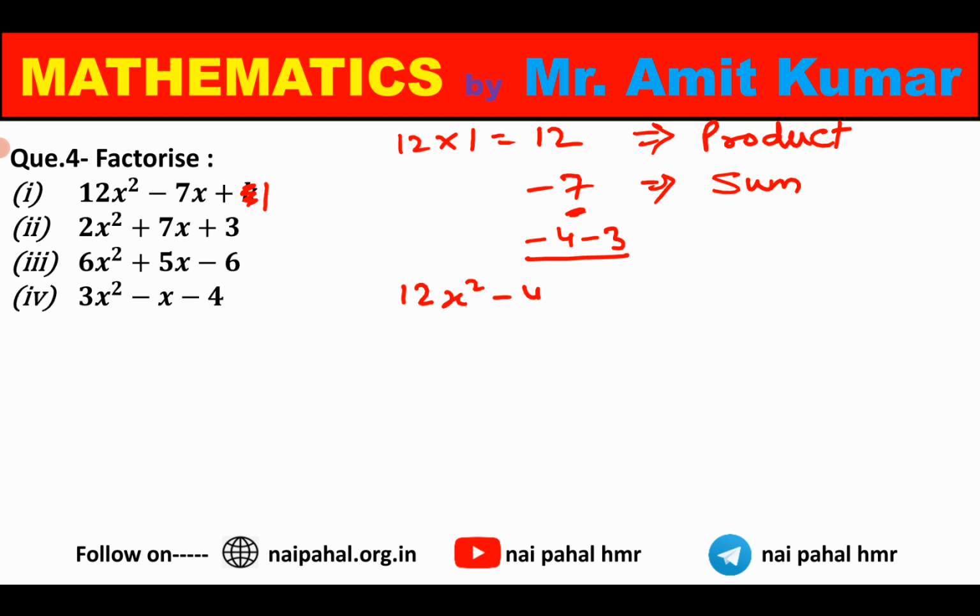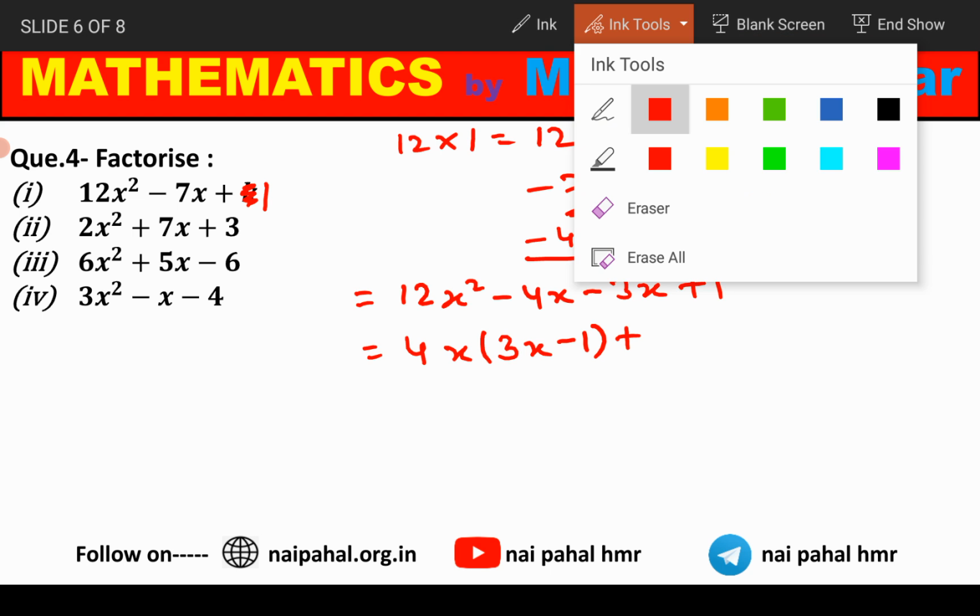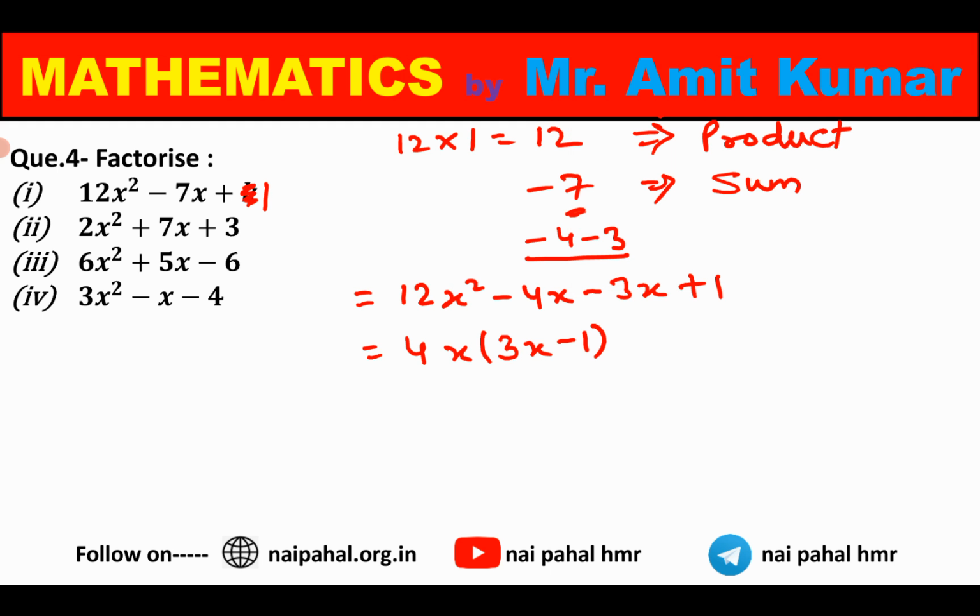Let's move on to the next part, where we have the fourth part as P(x) equals kx square minus 3x plus k, in which x minus 1 is a factor. So let's take it to 0, then we will get the value of x as 1. Put it: P(1) equals k multiplied by square of 1 minus 3 multiplied by 1 plus k, and it will equal 0, then it will become k minus 3 plus k.